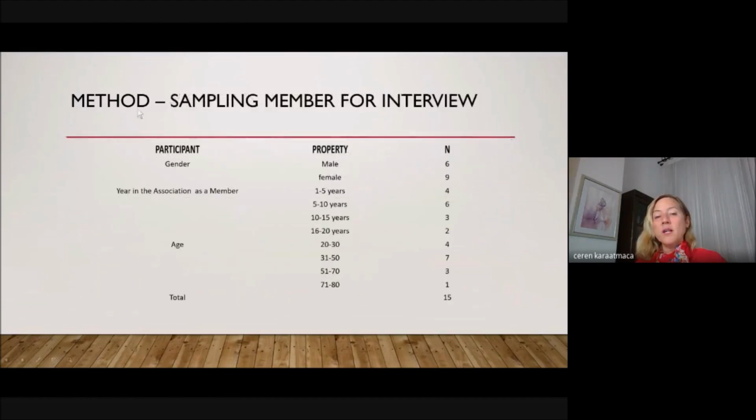And when we check the sampling of members for the interview, in the details we see the gender, male and female, and we also checked the years in the association as a member, age, and in total we had 15 people to interview.